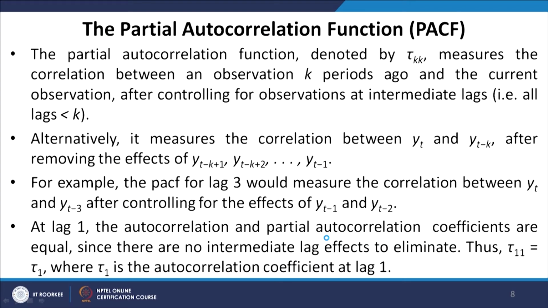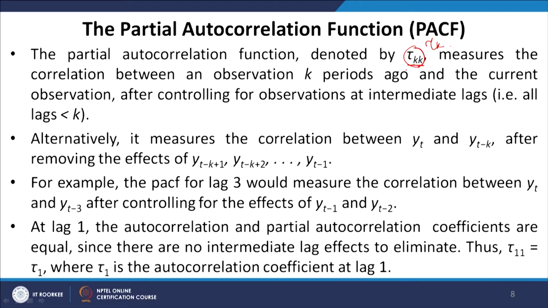Now, we talk about the partial autocorrelation function. The partial autocorrelation function, denoted by tau kk, measures the correlation between an observation k periods ago and the current observation. So, if we go for simple autocorrelation, this is denoted by tau k, and since I am considering partial autocorrelation, now we have tau kk in the subscript.